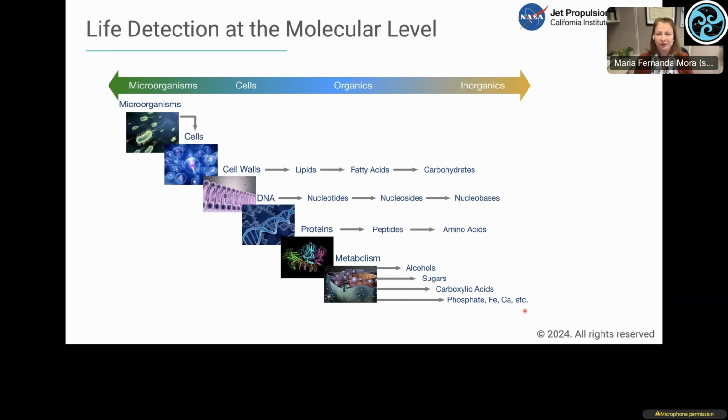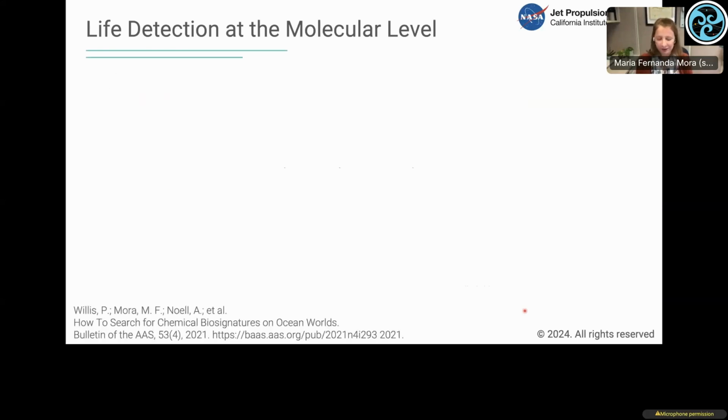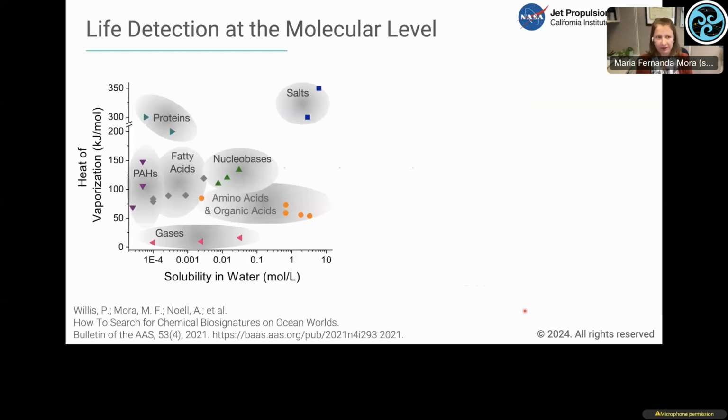So in order to decide how to analyze all of these molecules, one thing that we do is we plotted the heat of vaporization versus solubility in water for some of these groups from the previous slide. And if you put here the heat of vaporization that you need for water, then you can start deciding whether it's better to do a liquid analysis or a gas analysis.